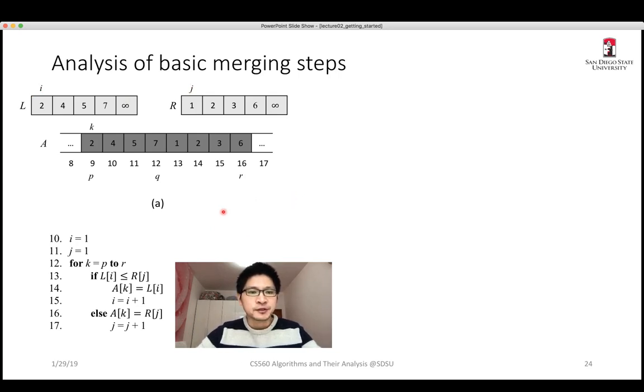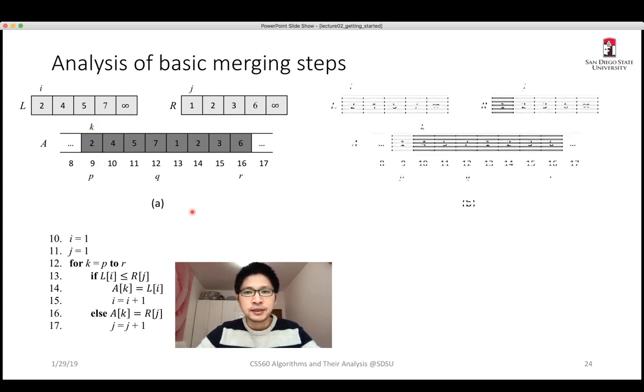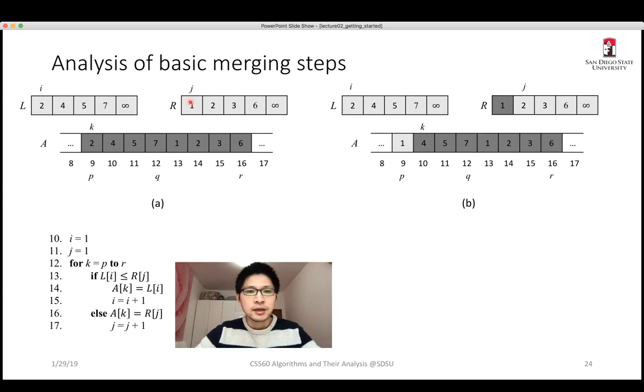Okay, so after the first step of iteration, k equals 1, we find that R1 is smaller than L1, right? And that's why we copied R1 to A1, and then we increment the index in R, which is J, by 1, and now J is 2.